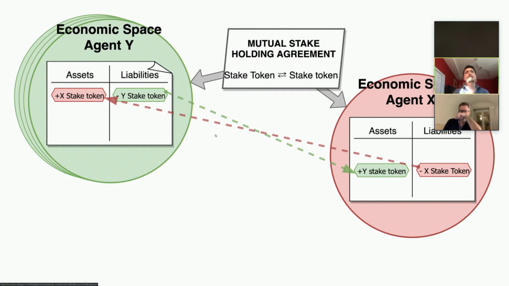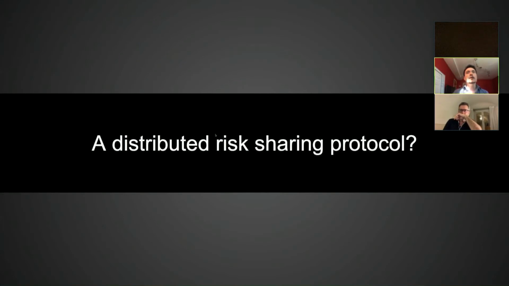Through this information, these agents can now engage in a mutual credit agreement up to the amounts defined by those tokens, while they still keep their stakeholder relationship, therefore creating liquidity. So these are distributed risk-sharing protocols.